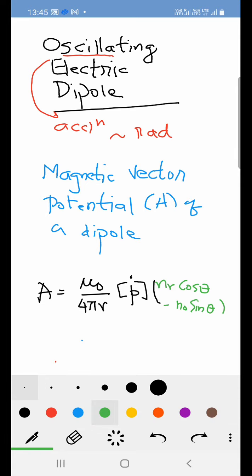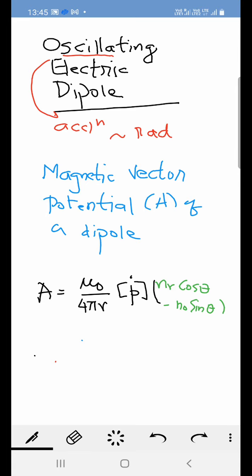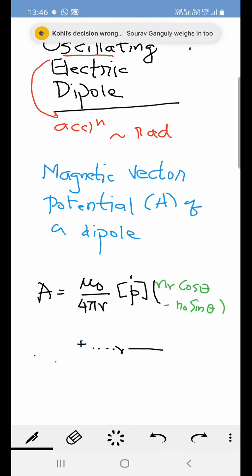where r is the distance between the two charges. So this is a positive charge and this is a negative charge. The distance between them is r. And nr is the refractive index of the medium, and n0 is the refractive index of vacuum.